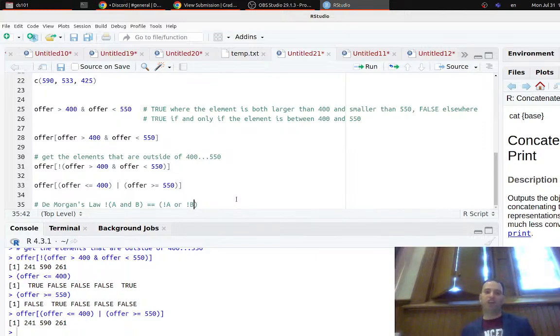So that's a general thing. If you think about it logically, that's how it works out to be. So this is not a programming thing, this is just how math works.